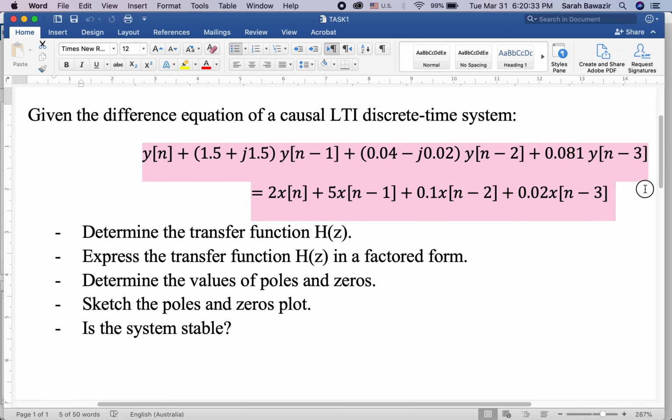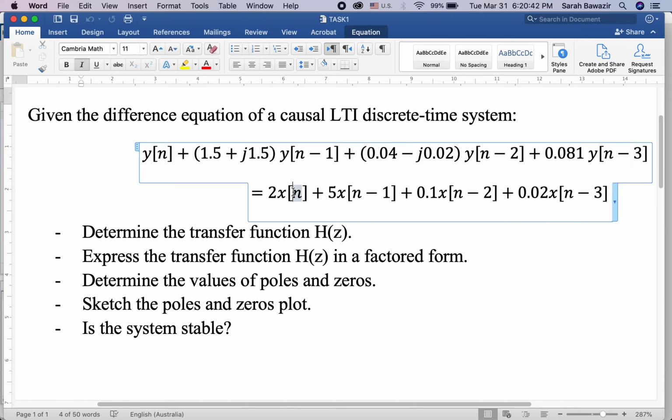This is a difference equation, and as you can see, it is an equation that represents the relationship between the input and the output.